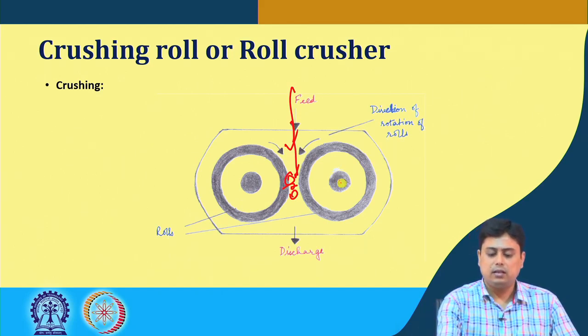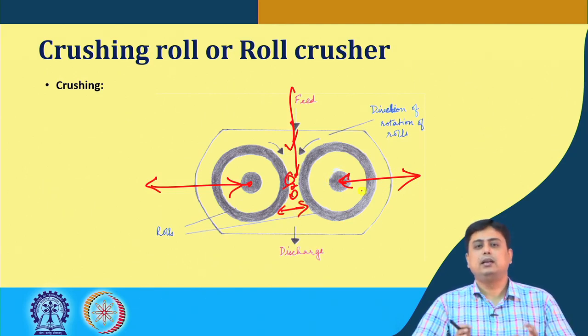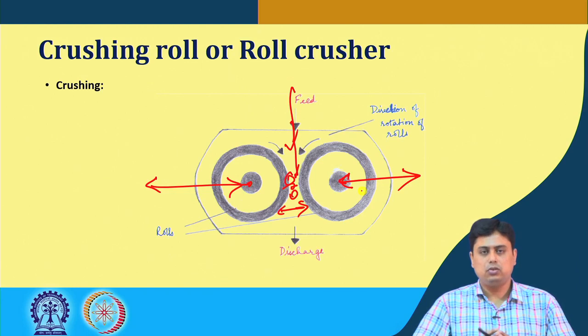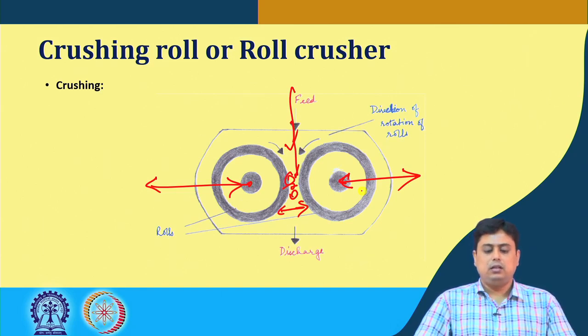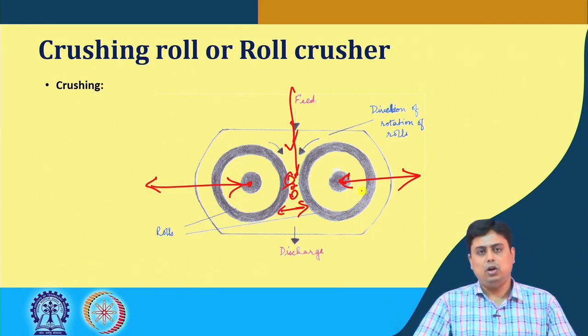These positions are adjustable, which means this gap can be adjusted by placing the two rolls at a suitable or desired distance. In this case, typically crushing is the dominant stress mechanism.